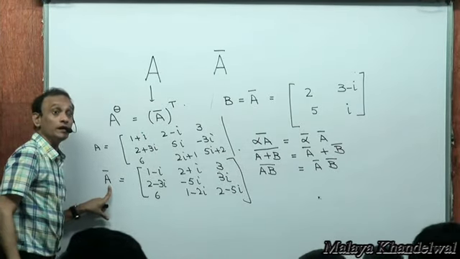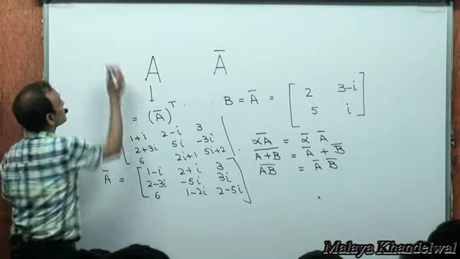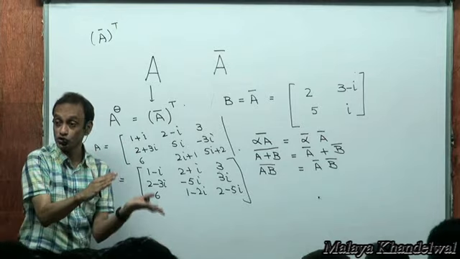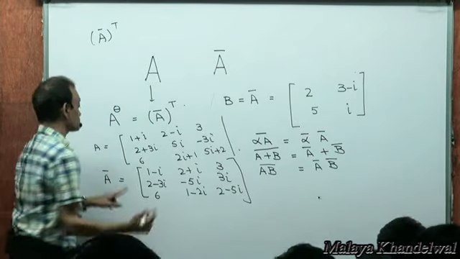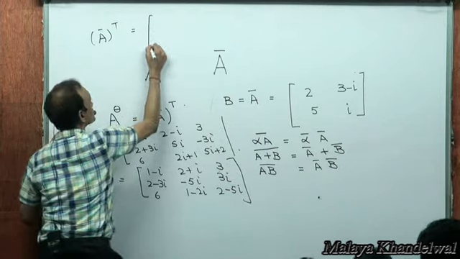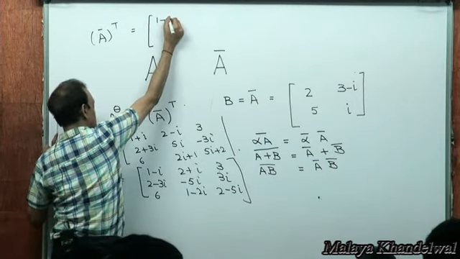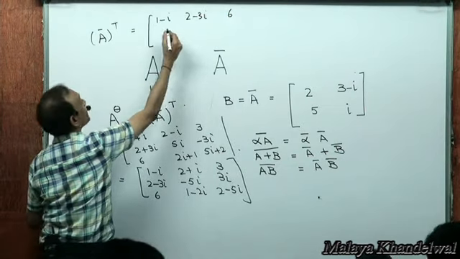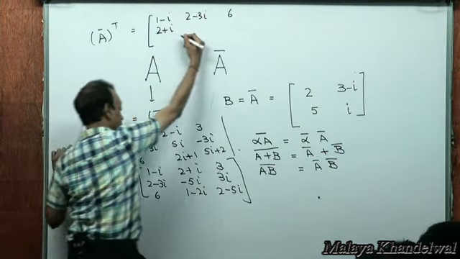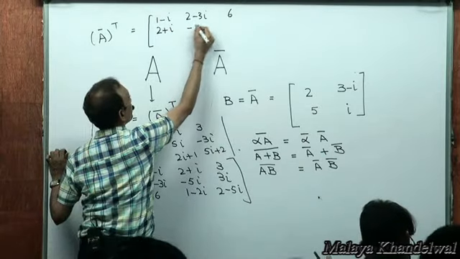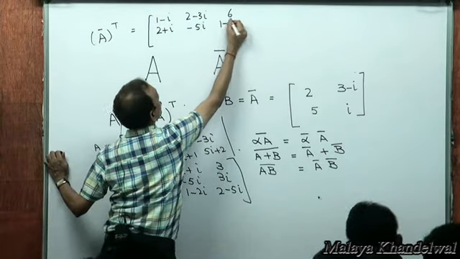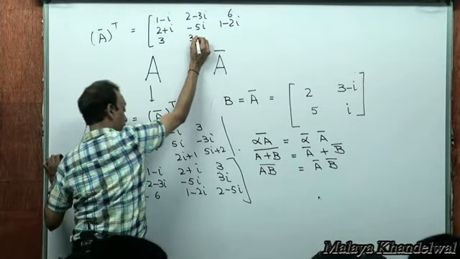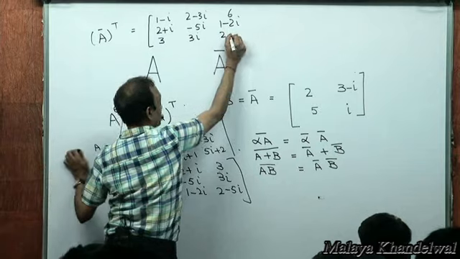Now if I take A bar and then transpose it, that means I convert rows into columns and columns into rows, then that's going to be the matrix 1 minus i, 2 minus 3i, 6, 2 plus i, minus 5i, 1 minus 2i, and then 3, 3i, and 2 minus 5i.